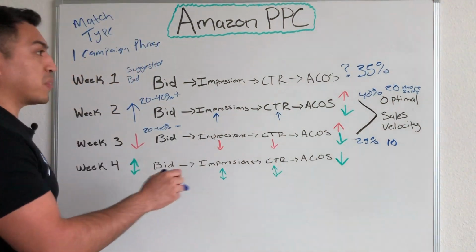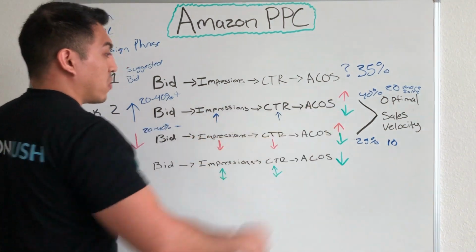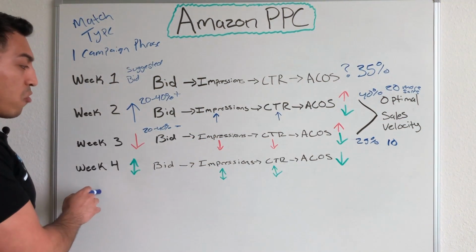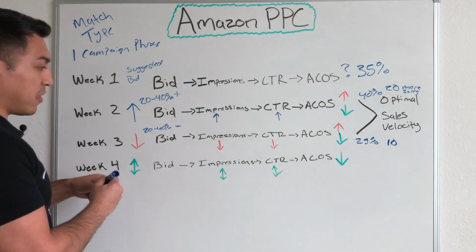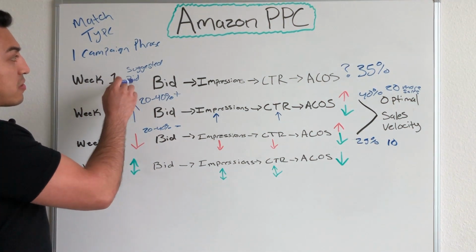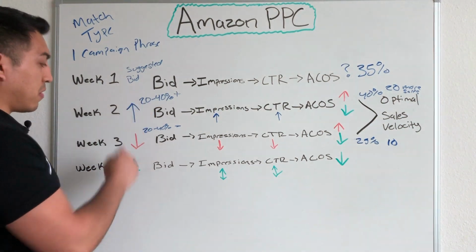But the good news between the two of these is on week 4, you're now going to see what your optimal bid is. And it's not always necessarily Amazon's suggested bid, okay?